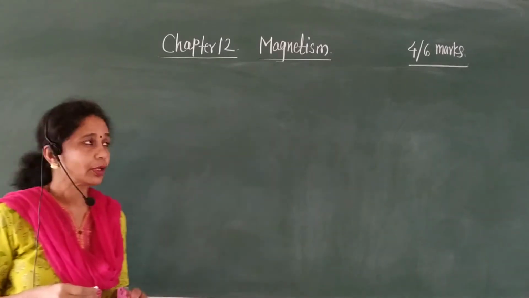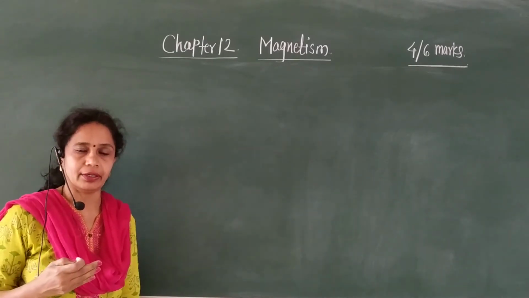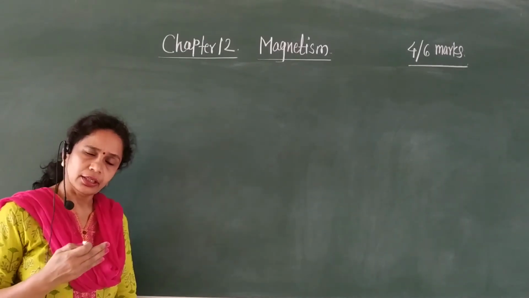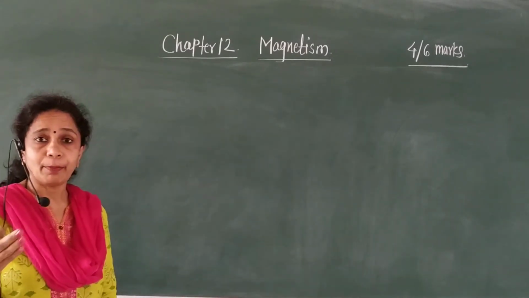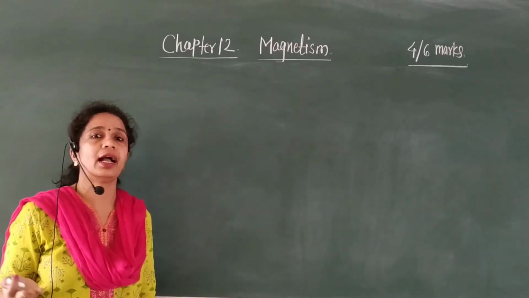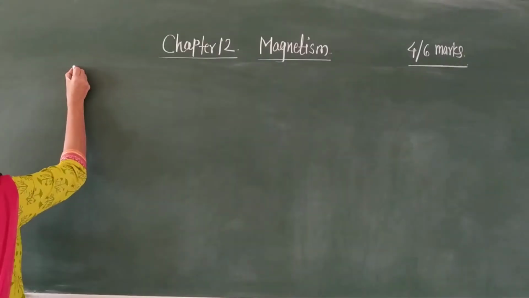Next point of the same chapter is magnetic field. In this chapter, we are going to use this word magnetic field again and again. Then, what is the magnetic field?